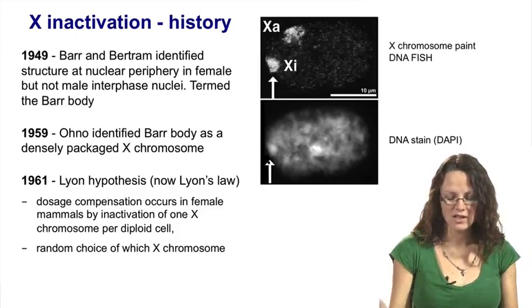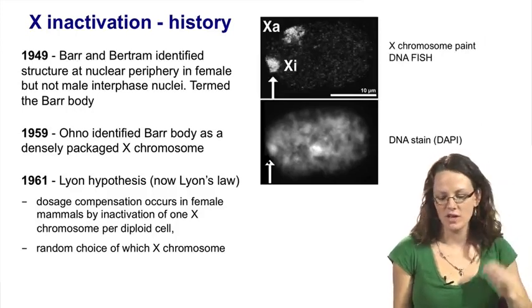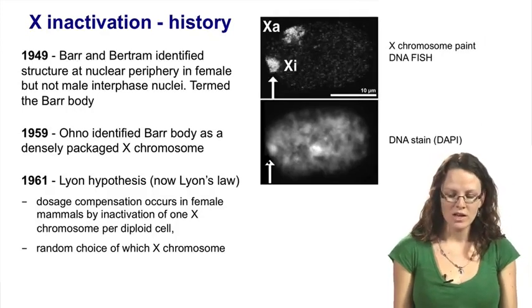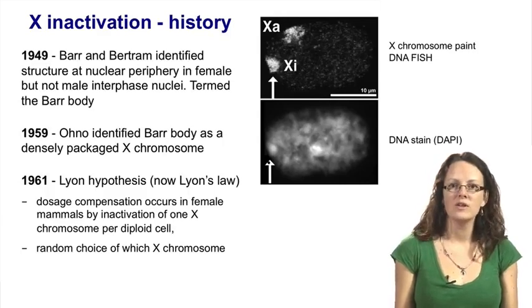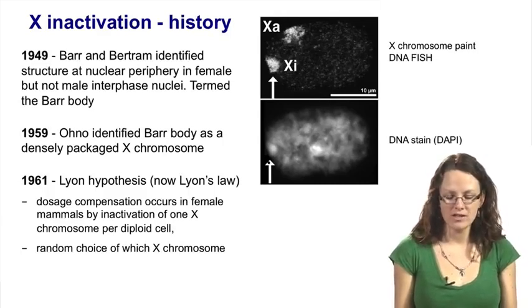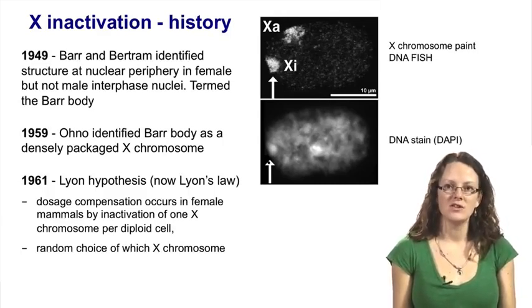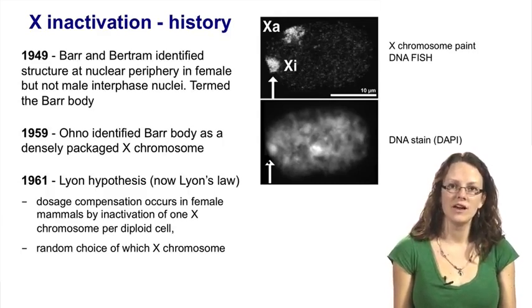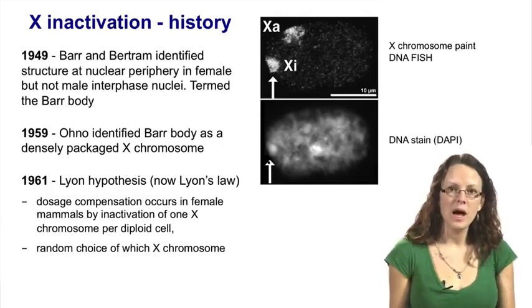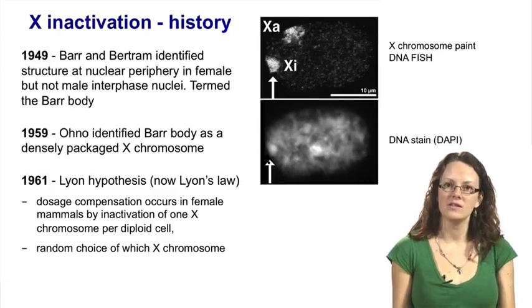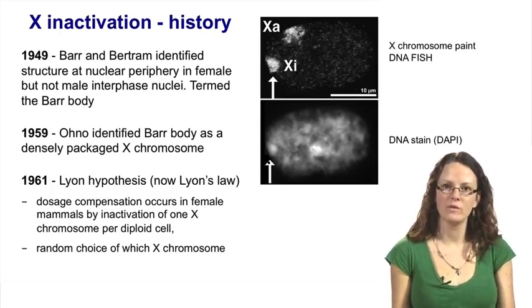So you can also see in another image, which is a further image related to this first one, that on the lower panel we're staining just DNA, and you can see a denser region of DNA at the nuclear periphery indicated with the arrow, the Barr body. But in the upper panel, what we're looking at now is X chromosome DNA, and this is painted with a chromosome paint.